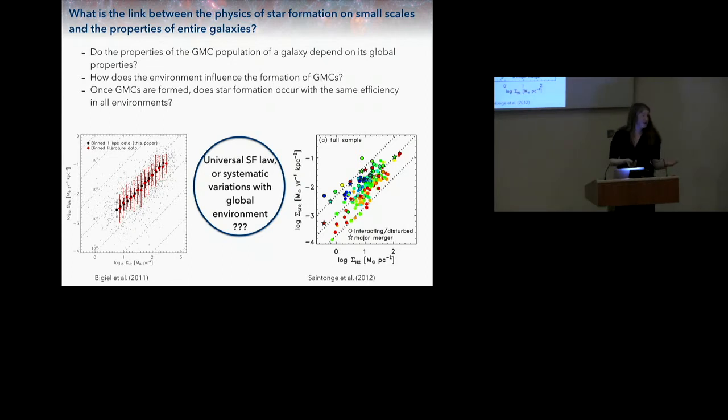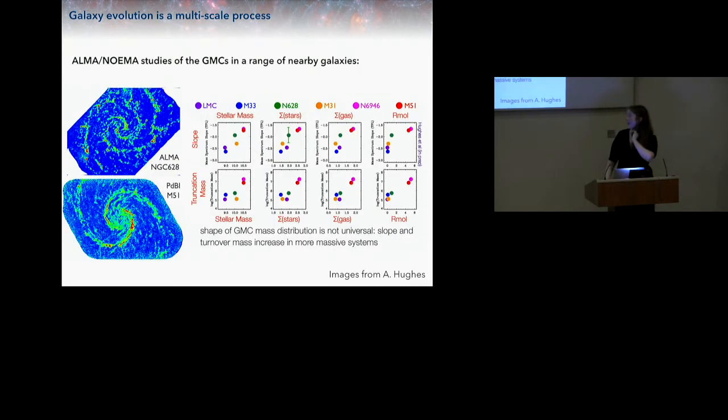It's a fundamental ingredient that goes into simulations of galaxy evolution, so it's something that we rely on quite a lot. But through our surveys, what we're finding are systematic variations of the efficiency of galaxies at making stars across the population. So that leads to some important questions, but we're finally at the point where we can get answers to this thanks to new facilities like ALMA and the NOEMA interferometer. So these are some really exciting things that are coming up.